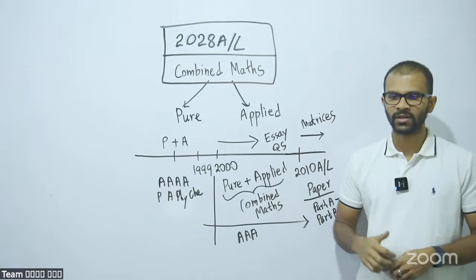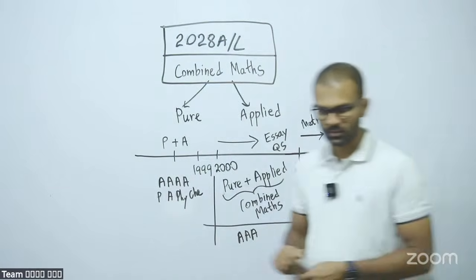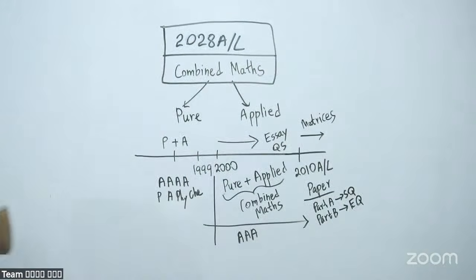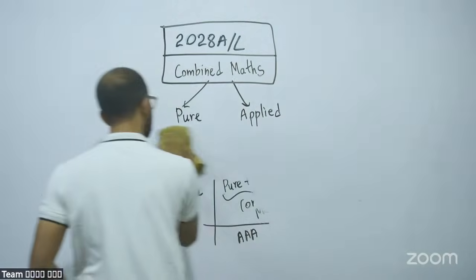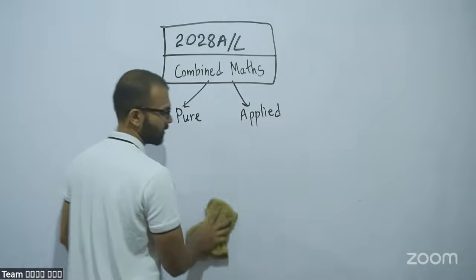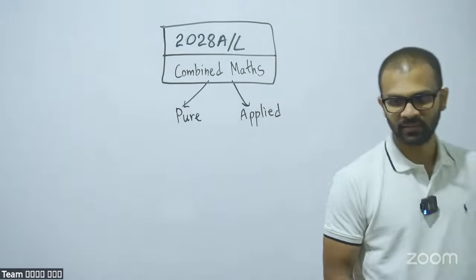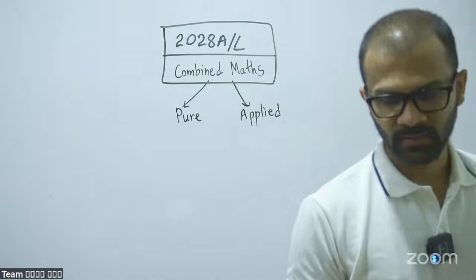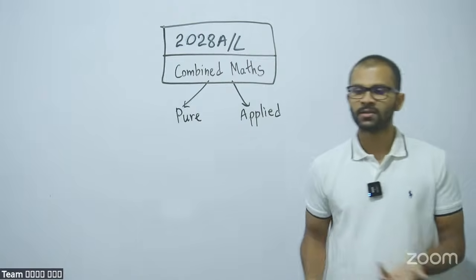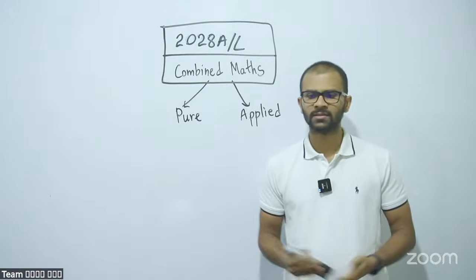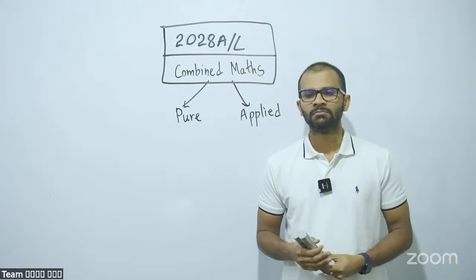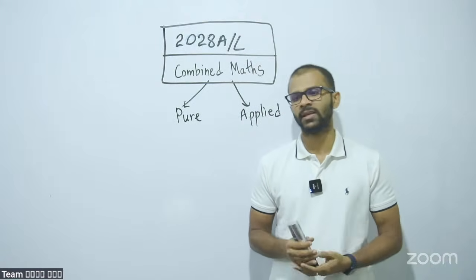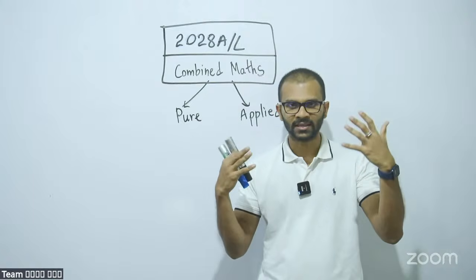Okay, done with writing? All right. So you know how to answer if someone asks you what you are doing for your A levels. Now you know how to explain what the subject is. Actually, if someone asks, what is combined mathematics? Isn't it just mathematics? Maths. Why do they call it combined maths?